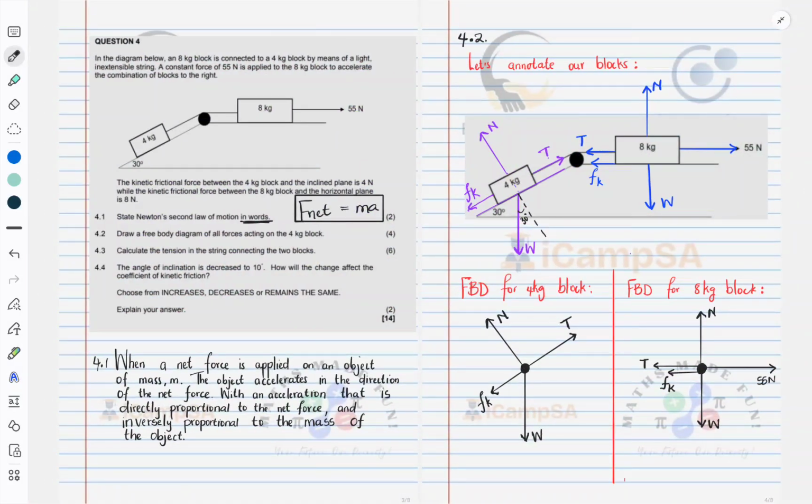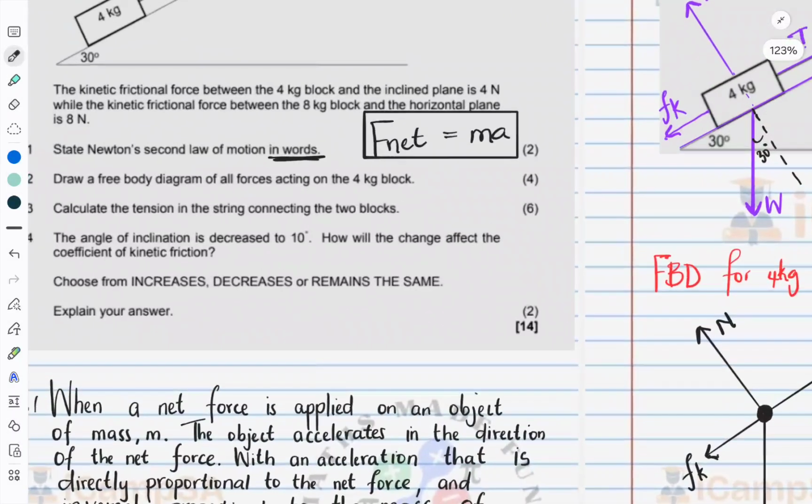4.4 says the angle of inclination is decreased to 10 degrees. How will the change affect the coefficient of kinetic friction? Okay, we have that.